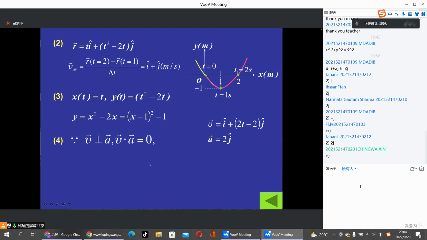Okay, in order to find the time when v is perpendicular to a, we need to first write down the vector form of the two terms. When they are perpendicular, the dot product equals 0. So here we have this term, 2 multiplied by 2t minus 2 equals 0. So t equals 1.